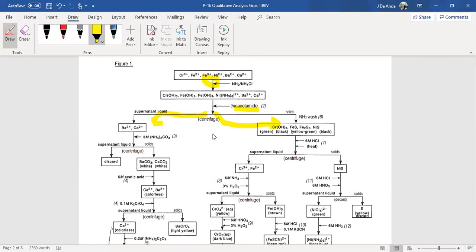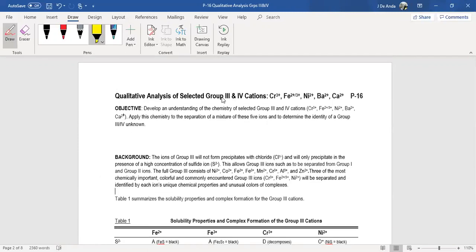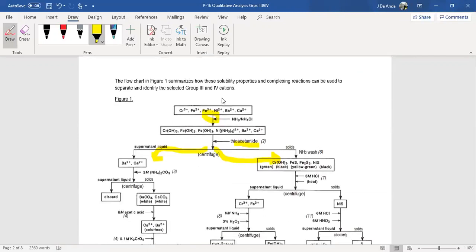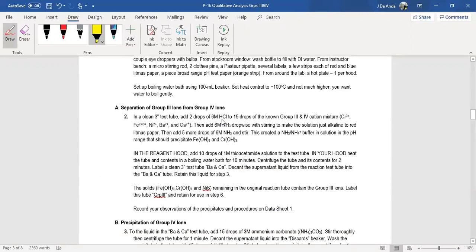Now, it's very important in this first step, if you read the procedures thoroughly in the actual discussion, step by step, you'll notice that you're going to be given a group 3 and 4 mixture. First you're going to add acid, and then you're going to add ammonia.